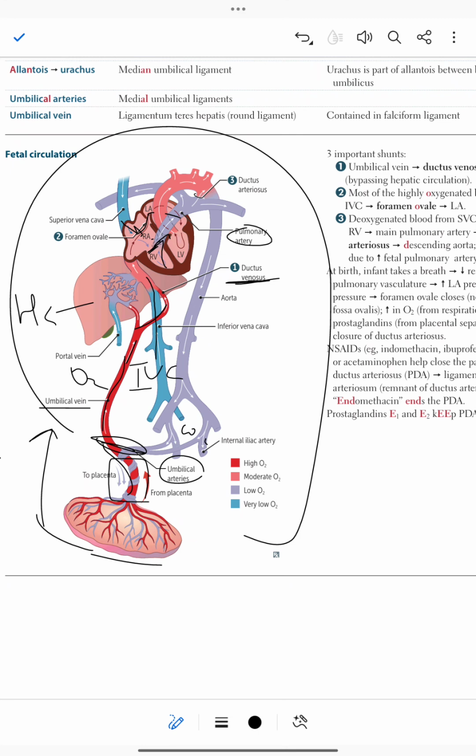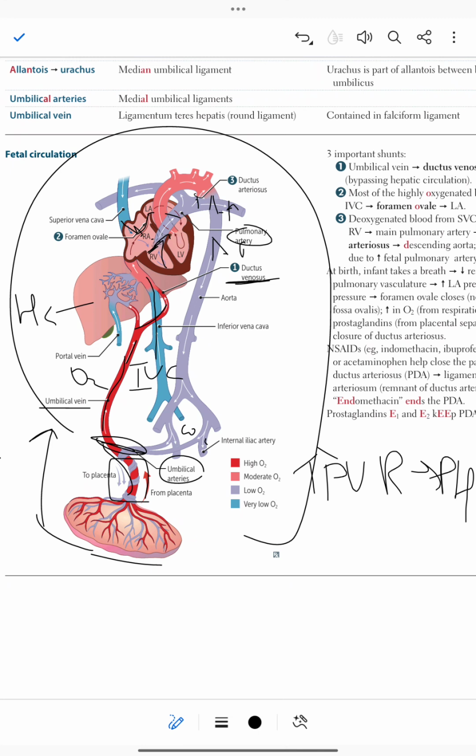So in the lungs, pulmonary capillaries vasoconstriction can lead to increased pulmonary vascular resistance. Increased pulmonary vascular resistance can lead to pulmonary hypertension. In the fetal period, pulmonary artery pressure is higher than aortic pressure.